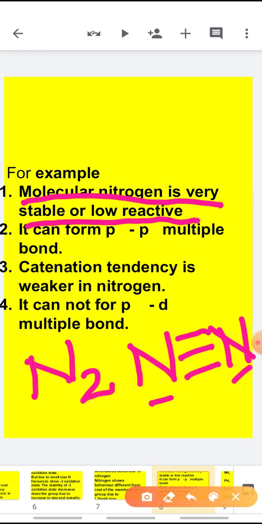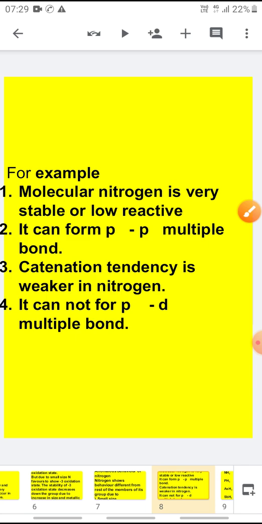Why is a triple bond possible here? It is possible because of the very small size. Because of the small size, it can form a triple bond, and a lot of energy is required to break this triple bond. So, it becomes very stable and non-reactive.